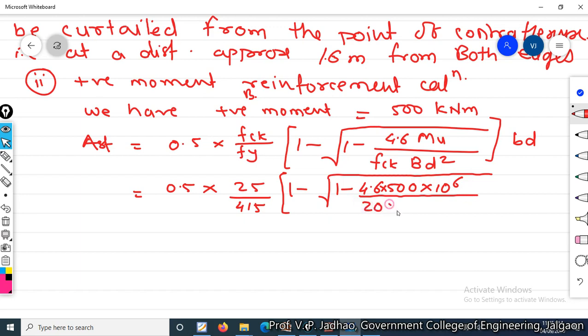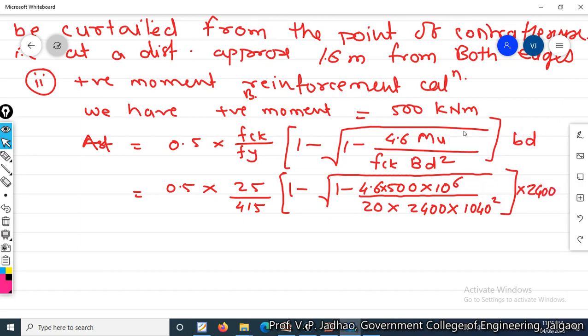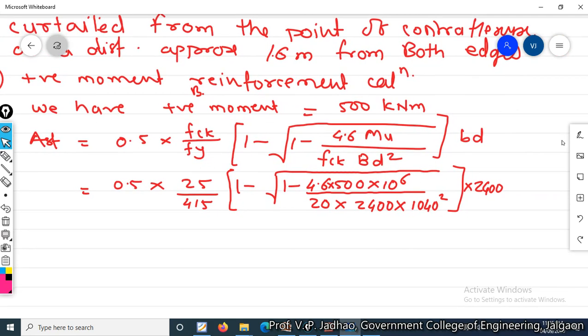FCK is 20. We have B as 2400, D as 1040 square, and then it is multiplied by 2400, and again multiplied by D, that is 1040. We get AST is equal to 1344 mm square.